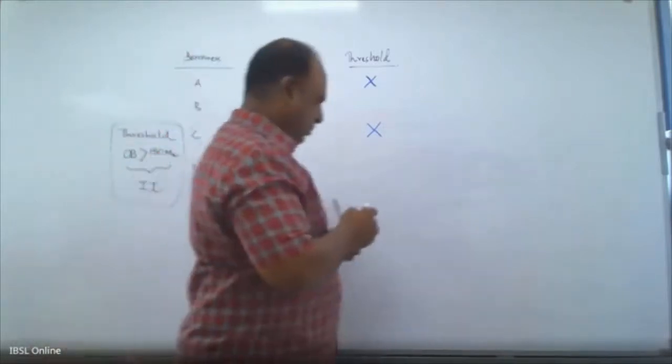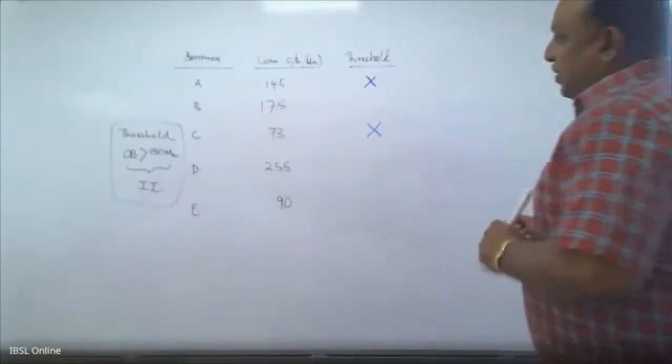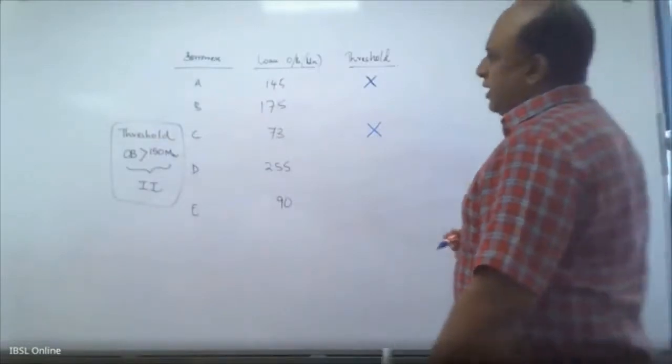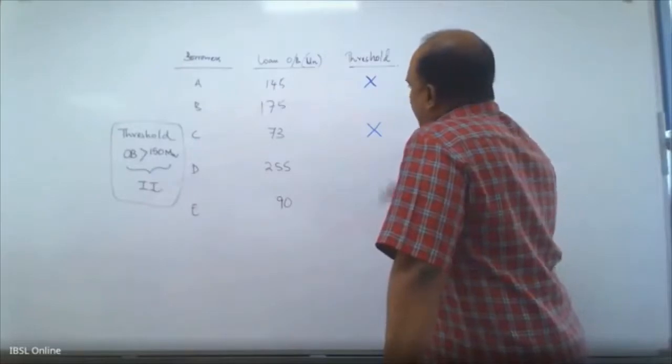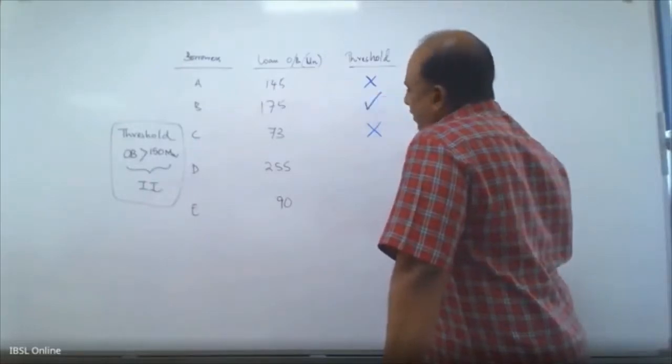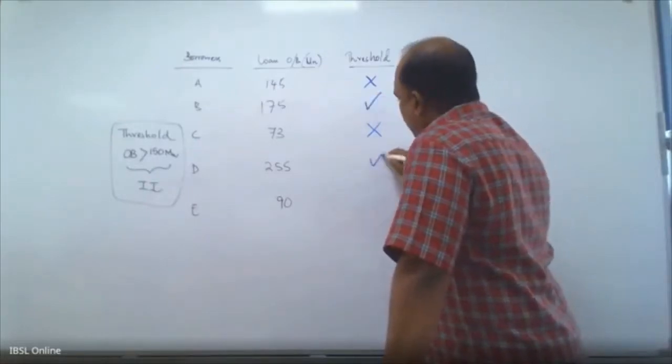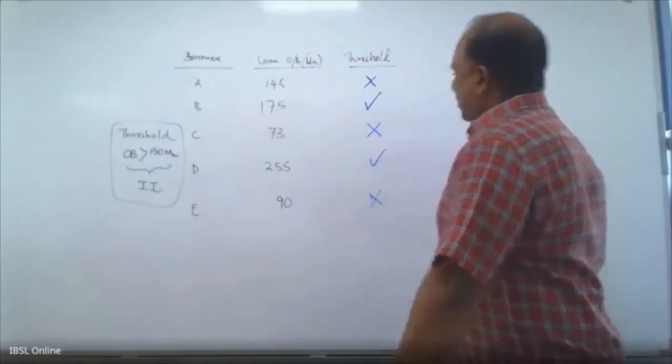So first loan, 145 million, means less than 150, so I'm not going to take it. Second one, 175 million, I will take it. Third, 73, I won't take it. Fourth, 255, I will take it, and the last one I won't.